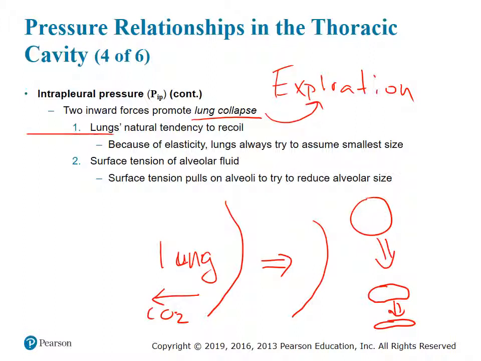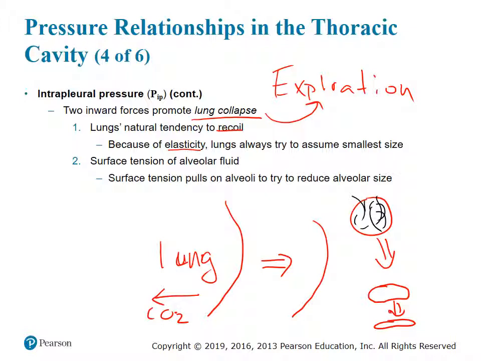Number one, the lungs' ability to recoil, because the alveoli have elastic fibers located pretty much around the alveoli. These elastic fibers act like rubber bands surrounding the alveoli and tend to push down or promote the collapse of each individual alveolus, naturally.